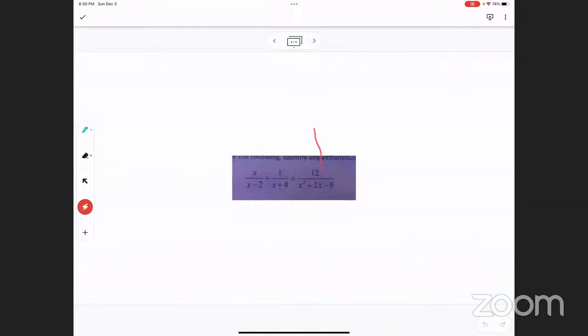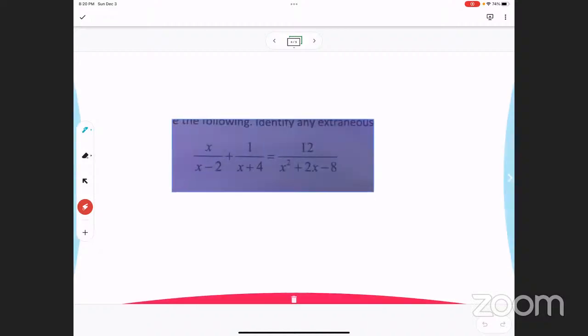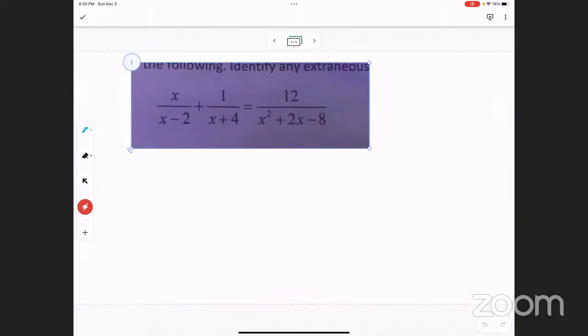All right. So what do you think we're going to do for this one? Didn't we already do this one? No, we didn't. Okay, so you're going to first start by factoring the bottom, the denominator on the right side.